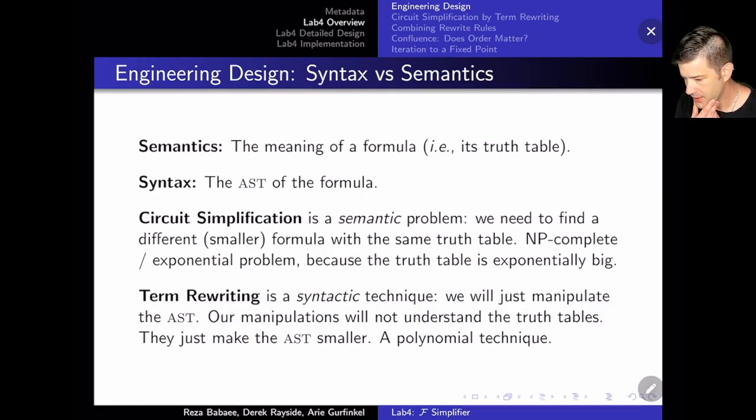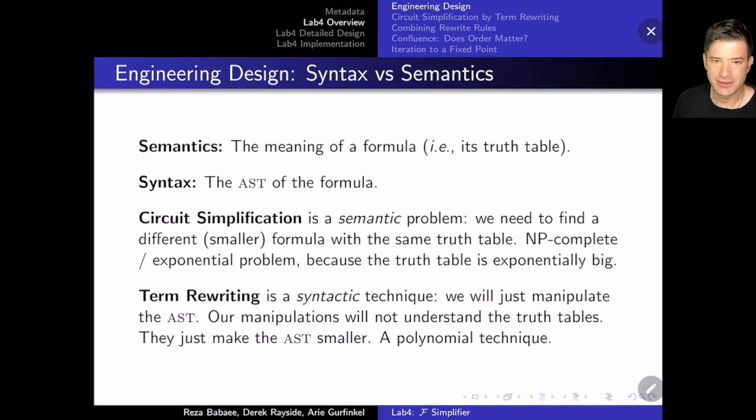So syntax versus semantics, right? What are we trying to do here? When we minimize, what are we preserving and what are we giving up? We have syntax, which is how the formula looks. In our case, we use abstract syntax, meaning we ignore spaces and comments and things like that. We just look at the abstract syntax tree. That's our syntax.